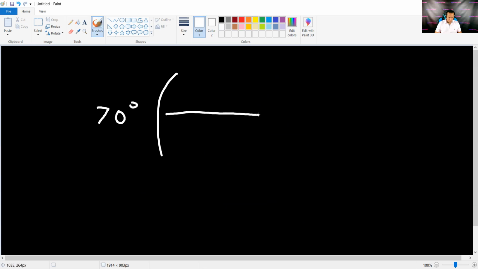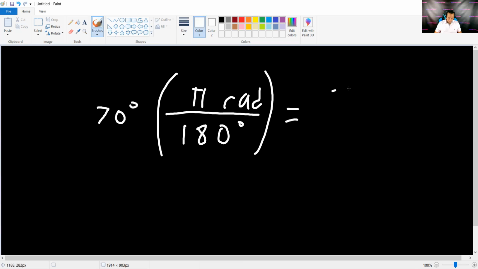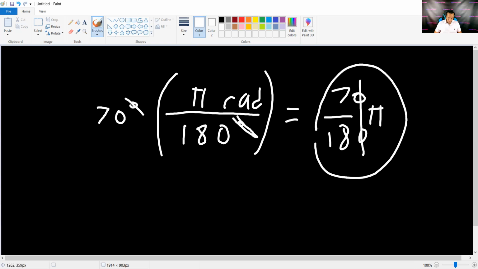Well, you know that you have 180 degrees in pi radians. So that'll give you 7 over 18 pi because the degrees cancel out right there. You can cancel out units when you're doing this. And you've got 70 over 180, but the zeros cancel out. So you get 7 over 18 pi. This works with any number.